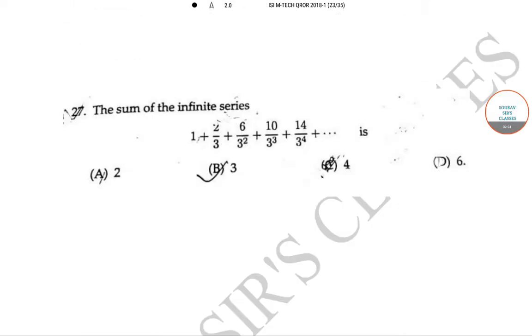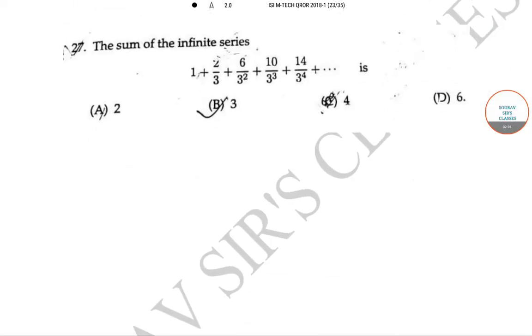The next question is, the sum of the infinite series 1 plus 2 by 3 plus 6 by 3 squared plus 10 by 3 cubed plus 14 by 3 to the power 4 and so on is. So now this series can be written as 1 plus summation i is equal to 1 up to infinity (2 plus (i minus 1) into 4) by 3 to the power i.